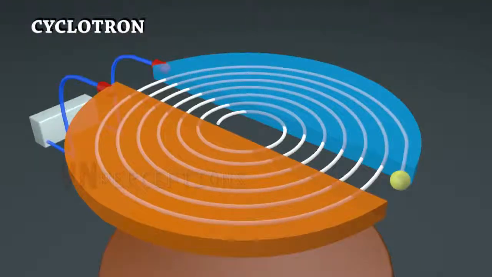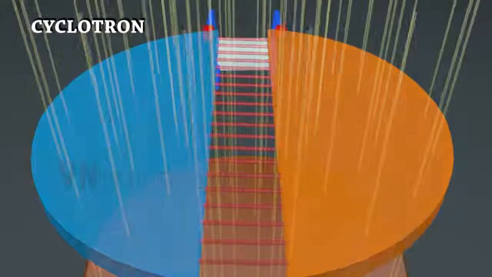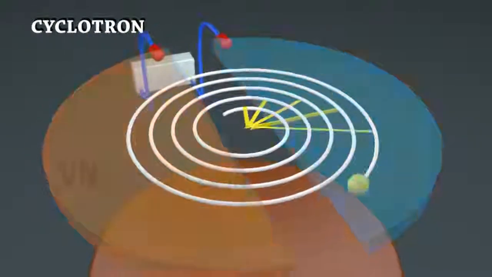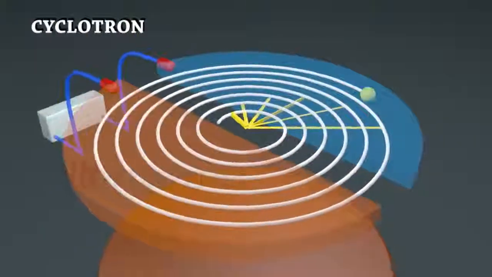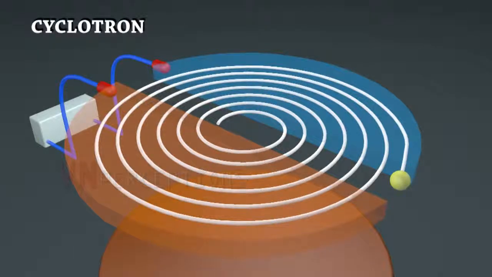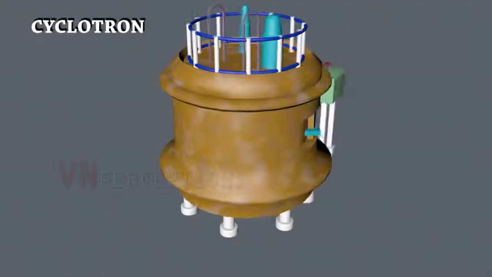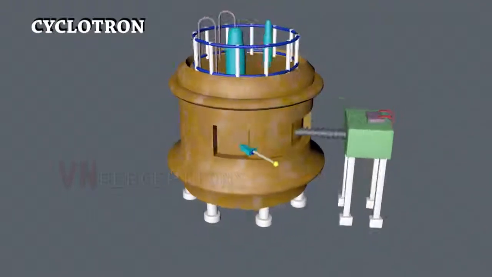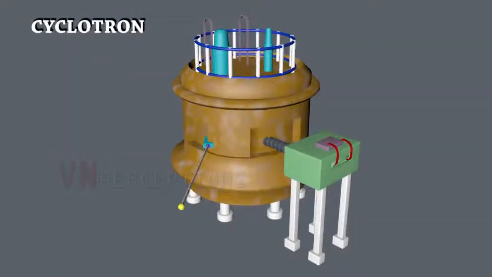If the velocity of a charged particle increases, the radius of the path would also increase. Finally, when the particle has no more space to grow in radius, it is thrown out through a window. With such a high velocity, the particle has high energy and it hits the target.